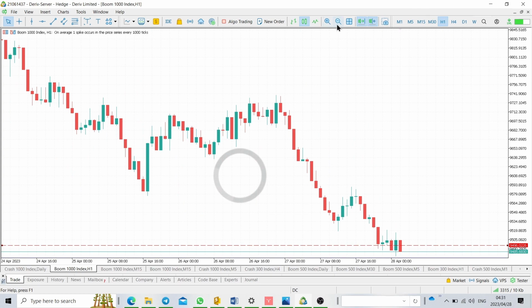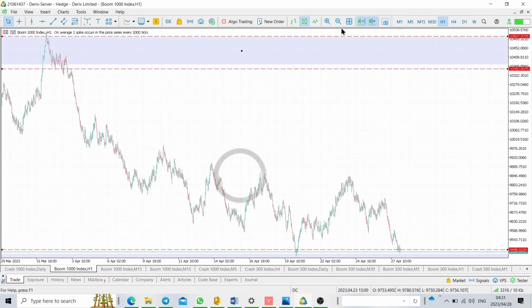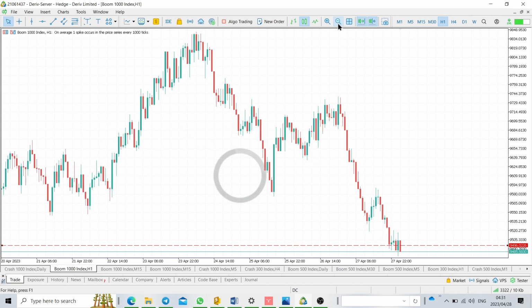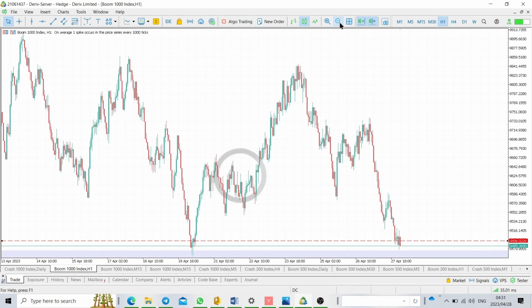So currently it's a little bit tricky, but this is the zone where you can look for buying opportunities. Price is on that zone currently. If you are able to identify maybe a reversal pattern, maybe the inverted head and shoulders, or maybe the double bottom that is likely going to take place if price reverses, that will be a very strong reversal signal.